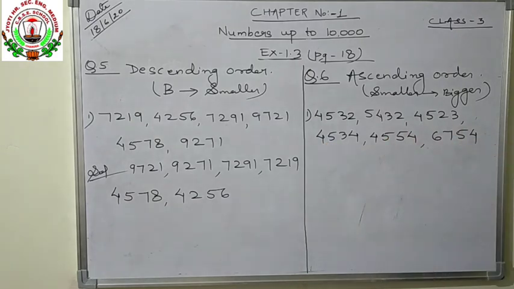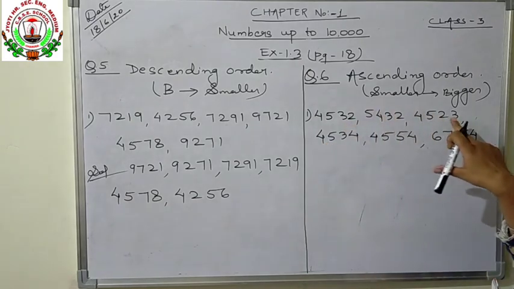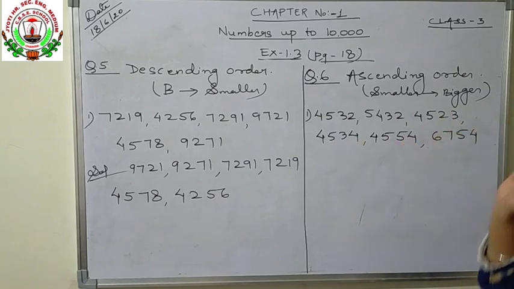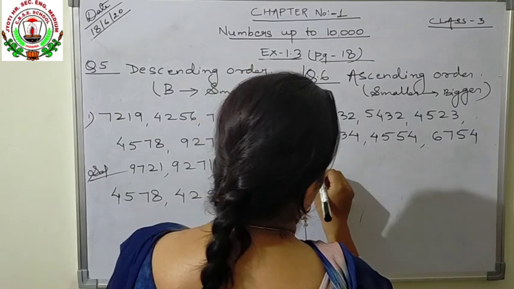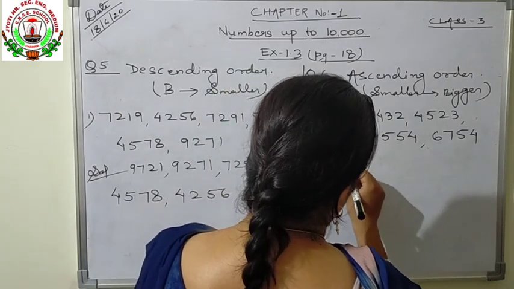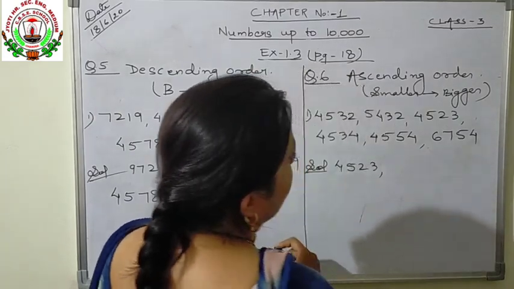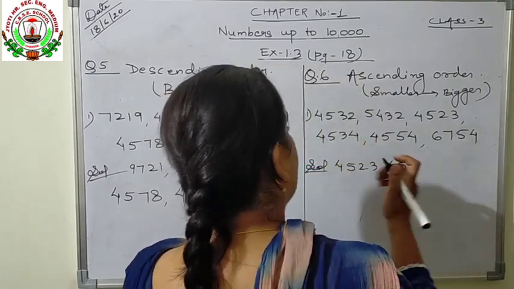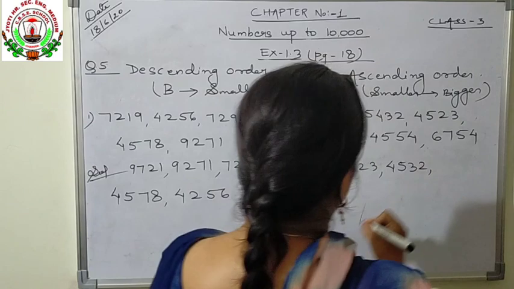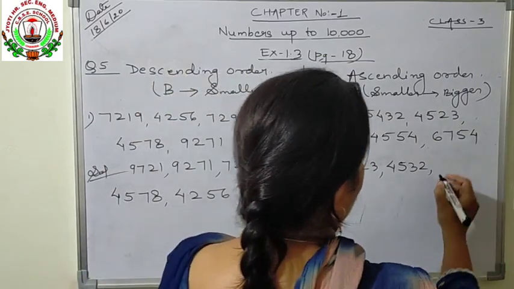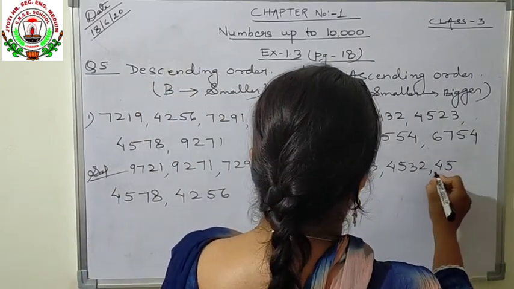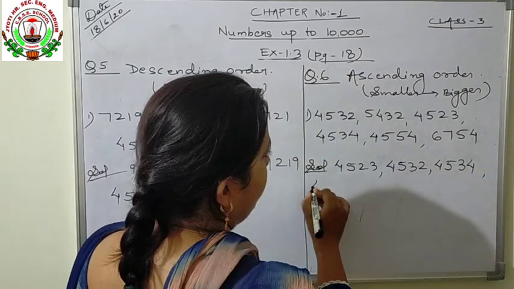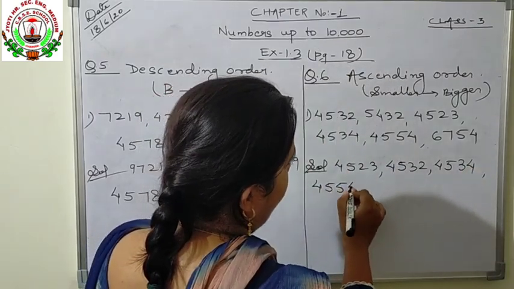Now in the tens position, here it is 32, 23, 34, 54. So which one is smaller? 23. So we will write first 4,523, then 32: 4,532, then 4,534, then 4,554.